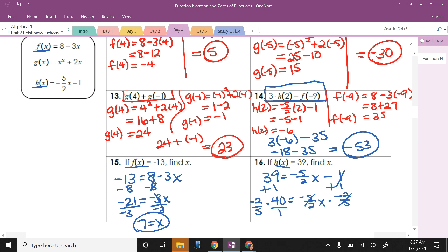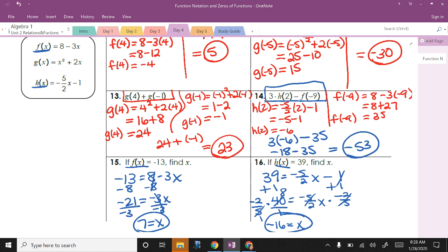Put 40 over 1. I can reduce diagonally, can I? 5 and 40? 1 and 8. And your final answer is what? Negative 16. You're good. Y'all see how we did that? Basic equation.